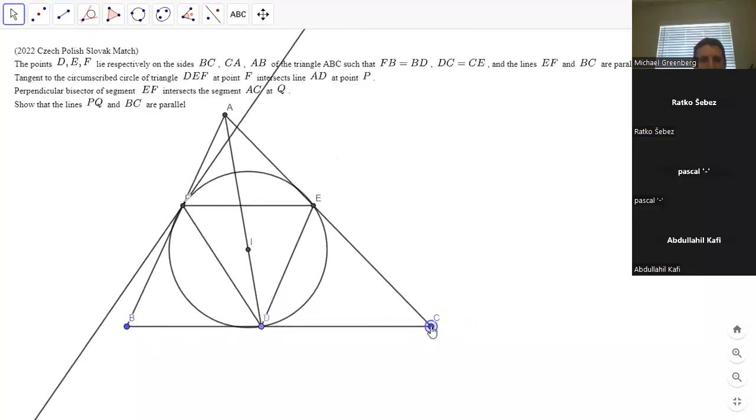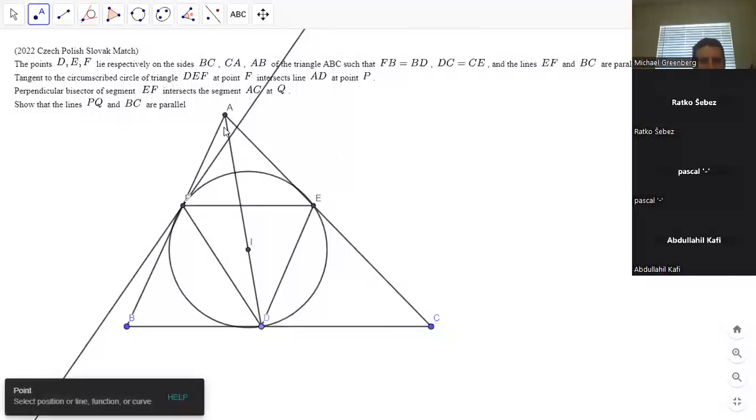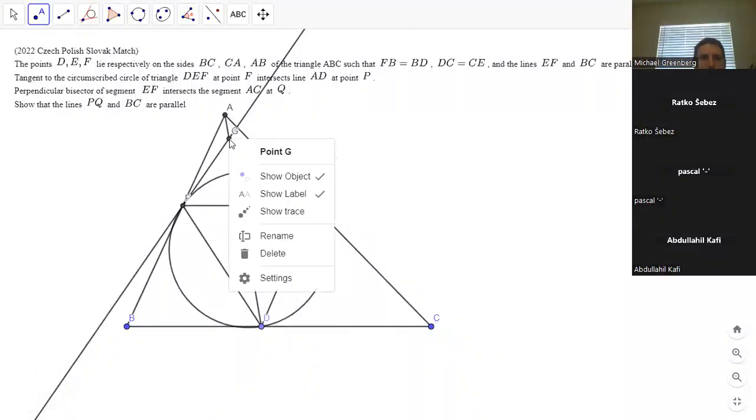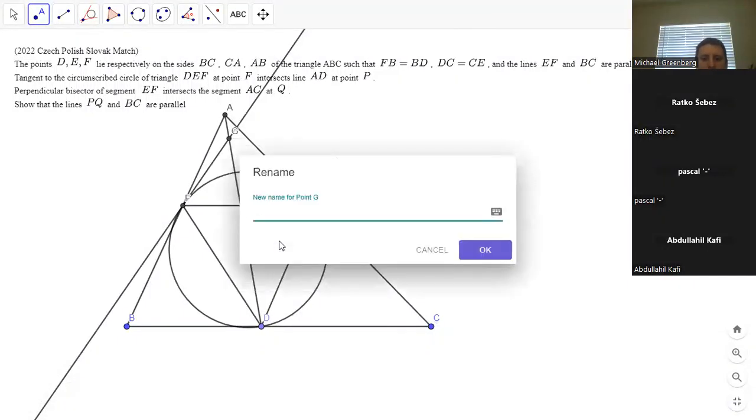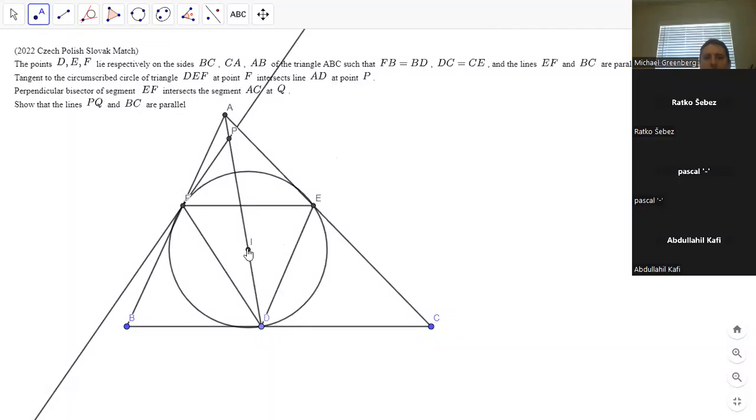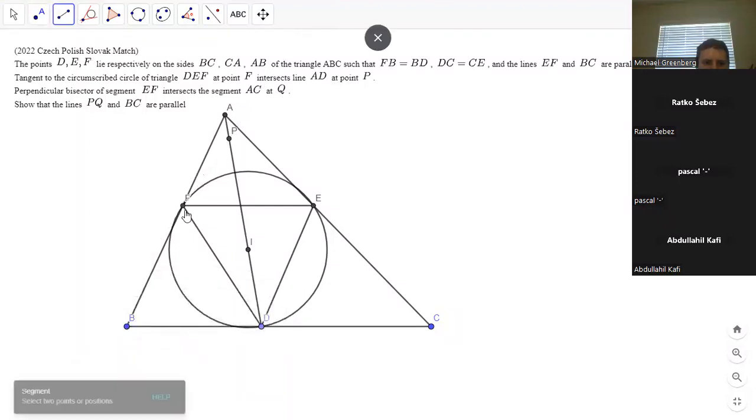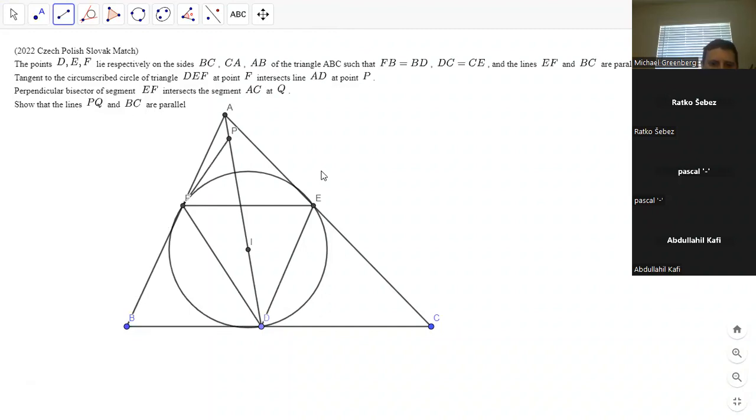Yeah, but the useful thing is that AD is the angle bisector of BAC, because this is the incenter. So AP is the angle bisector, or AD is the angle bisector.